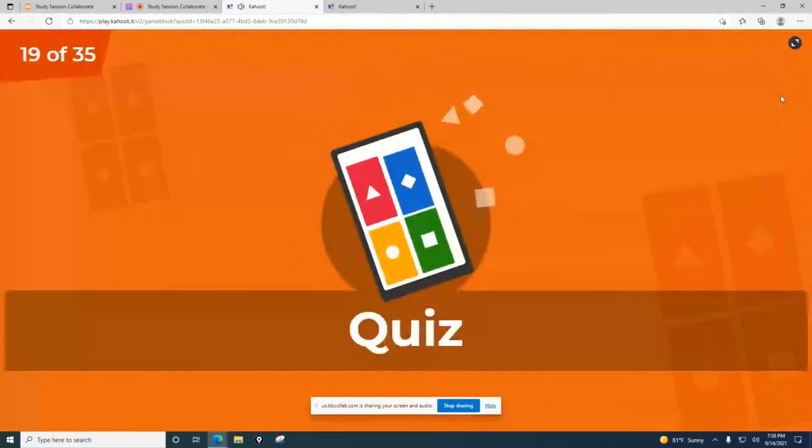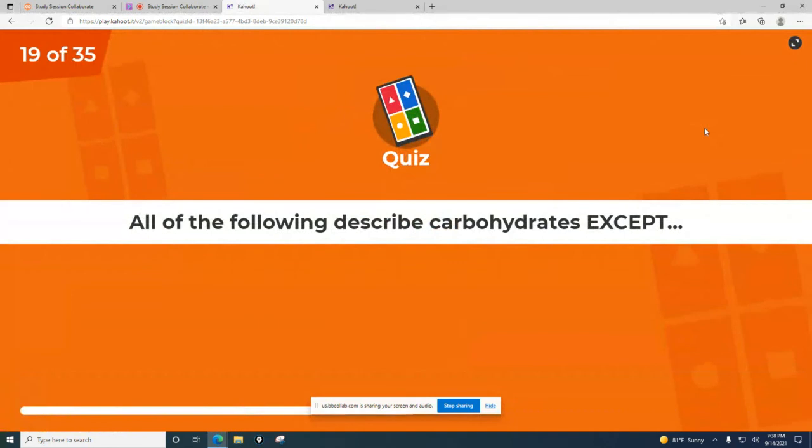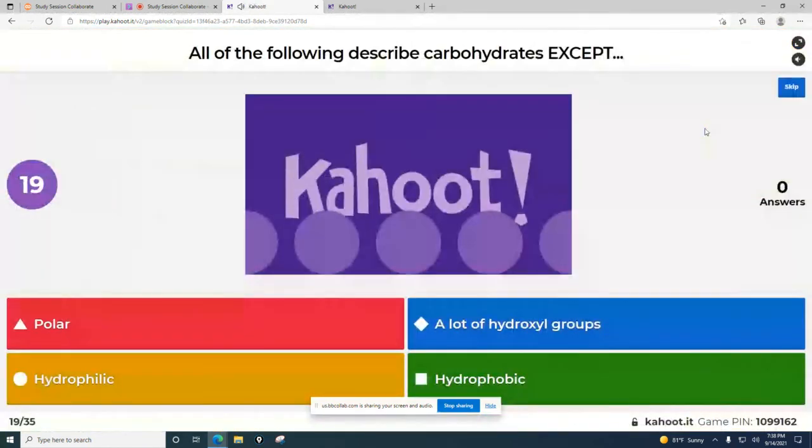Ooh, another person on the board. Okay, all of the following describe carbohydrates except. Pay attention to those keywords on the exam as well.